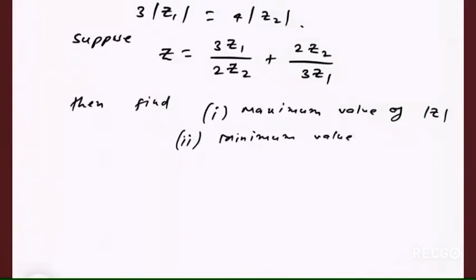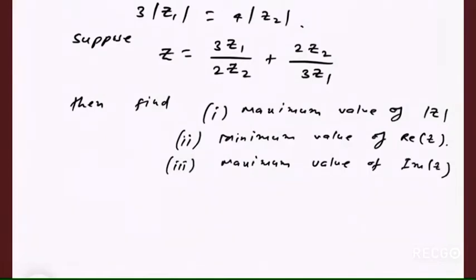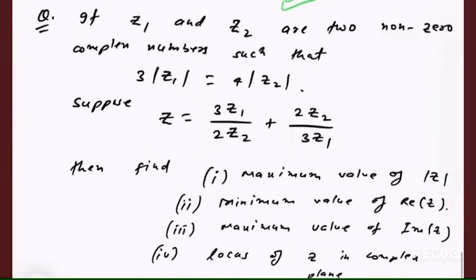Yes, this question is really very interesting, and indeed this question has some deeper concept. The third part says that we have to find the maximum value of the imaginary part of z. And the last part says that we have to find the locus of z in the complex plane. So there are four parts of this question, clearly written on your screen.